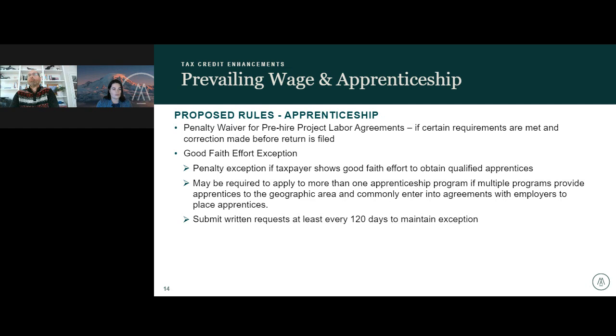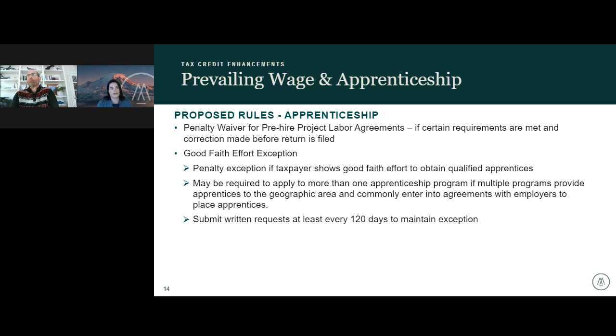And you would not have to pay a penalty for failing to meet the apprenticeship requirement if you show that good faith effort. Now, this would only be as to the specific hours by which you tried to obtain an apprentice.